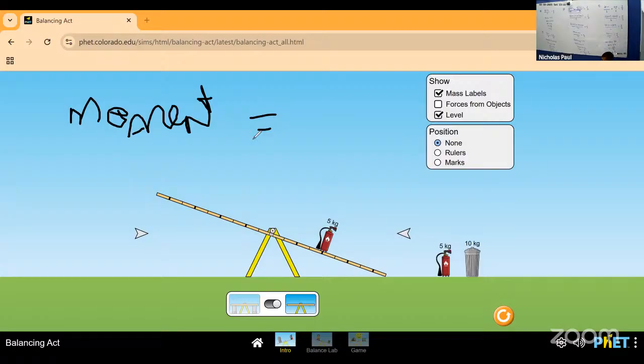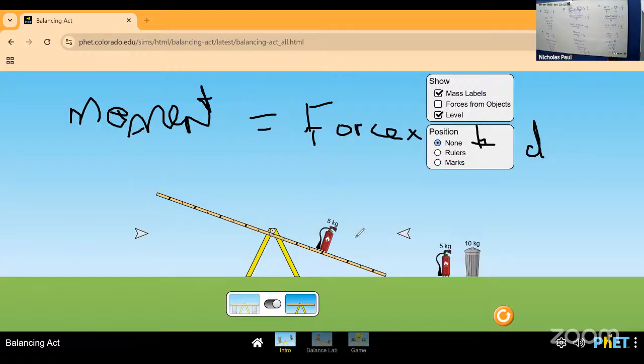To find the moment, we take the force that's being applied and we multiply it by the perpendicular distance from the pivot. So here's what that means.